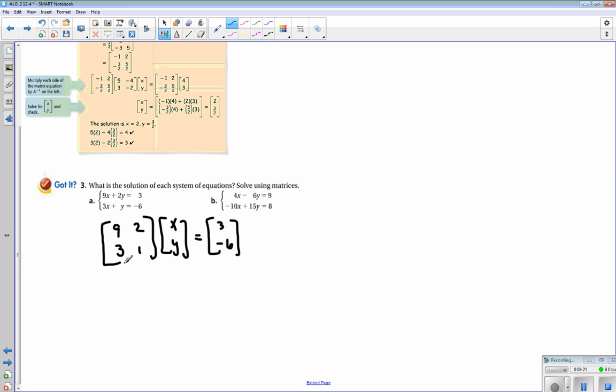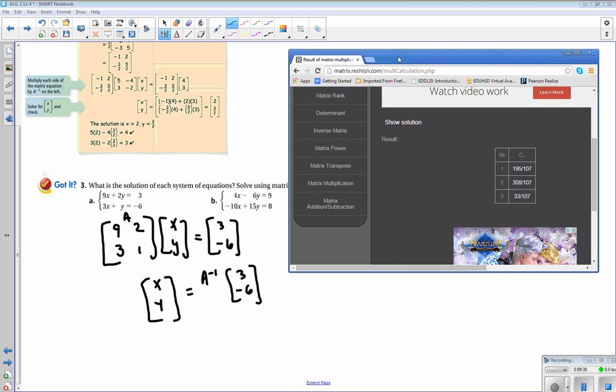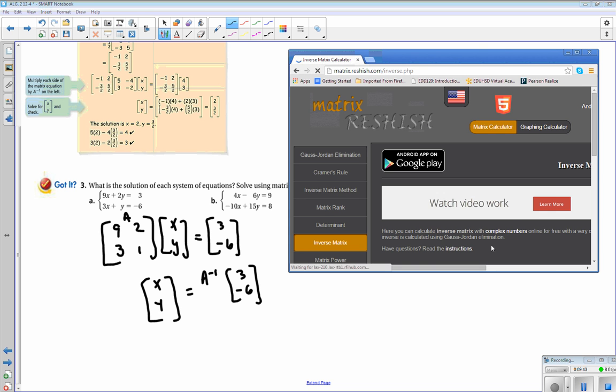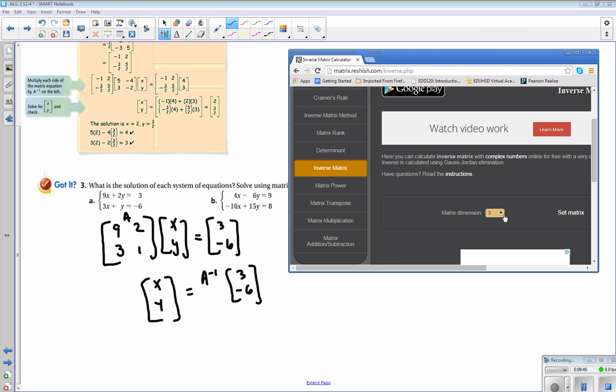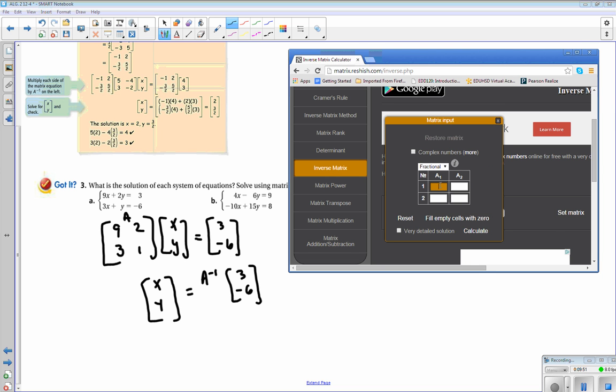If this is A, I want to multiply the inverse of A by 3, negative 6. So I'm going to calculate the inverse of A, and we have a 2 by 2: 9, 2, 3, 1.